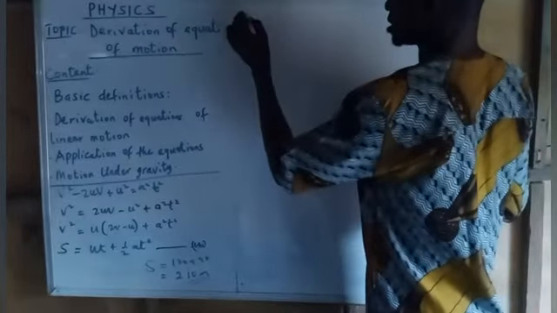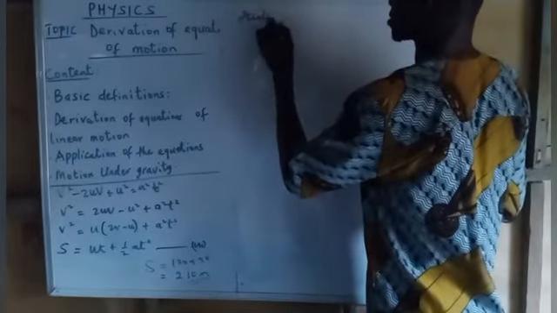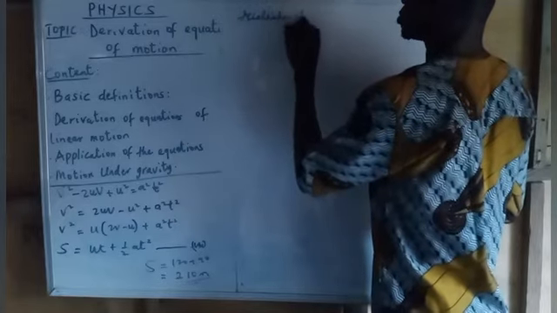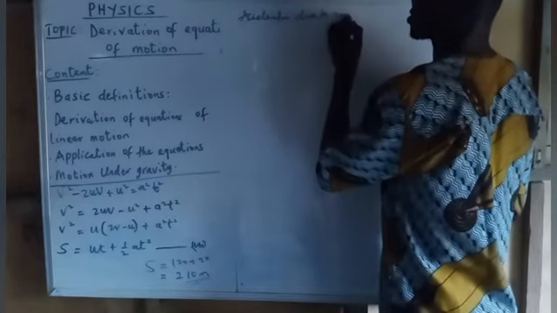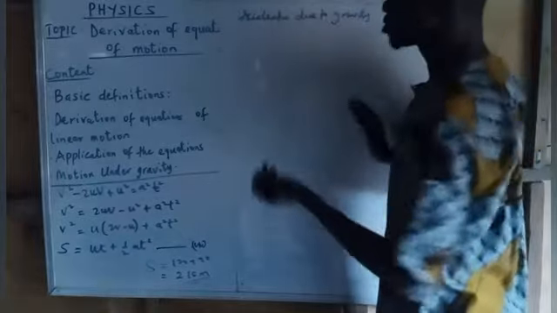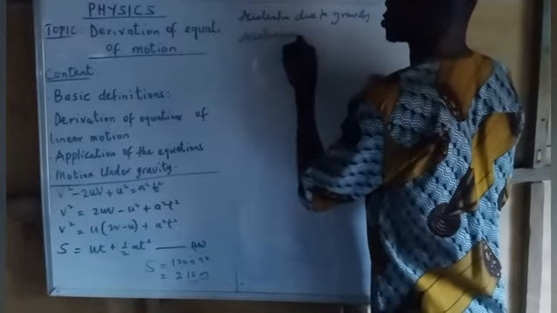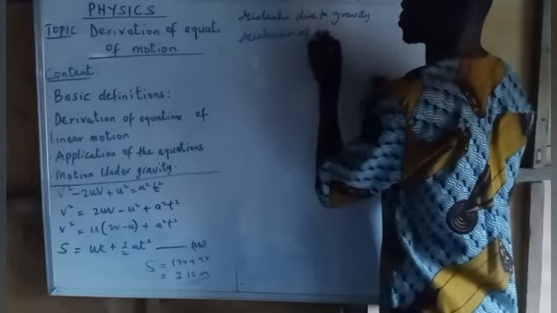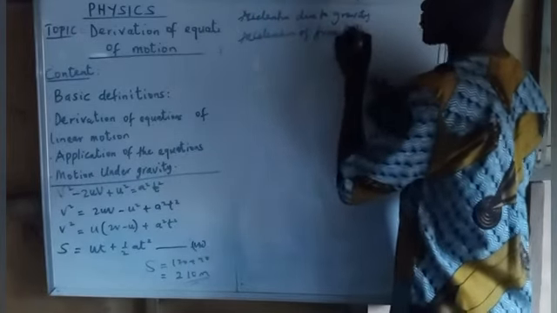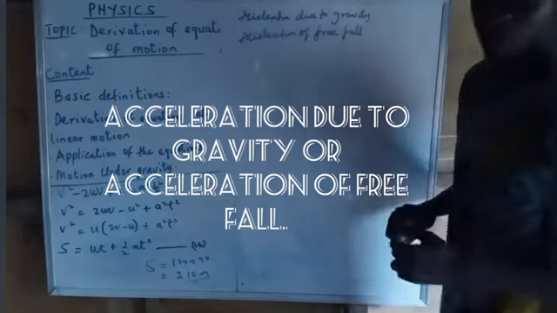And when we talk about gravity here, we also call it acceleration due to gravity. In other contexts, we call it acceleration of free fall. Whichever one you come across, we are still saying the same thing.